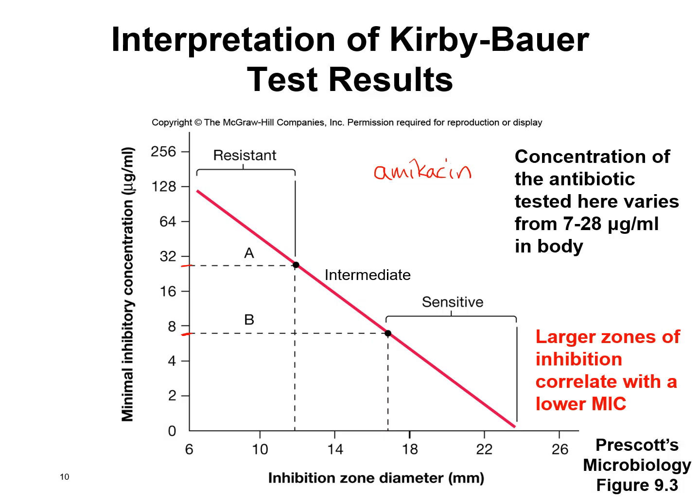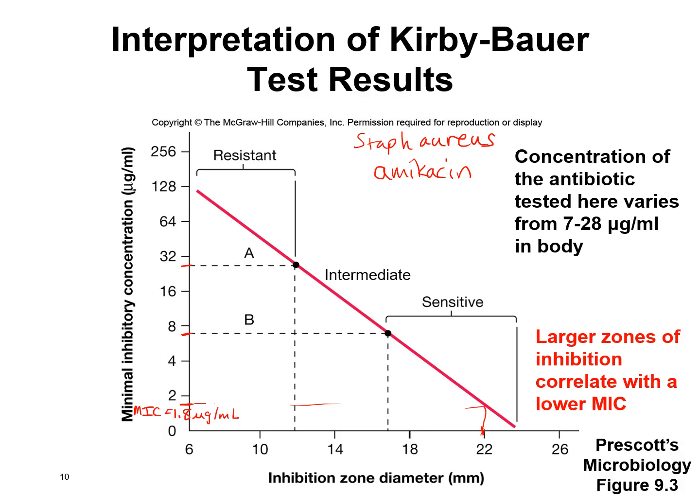And if we know that on our Kirby-Bauer disc diffusion test, we measured a zone of inhibition, maybe this was Staph aureus from our patient, of 22 millimeters, if we go up here and then come over, we can see that our MIC for amikacin would be about 1.8 micrograms per mL.